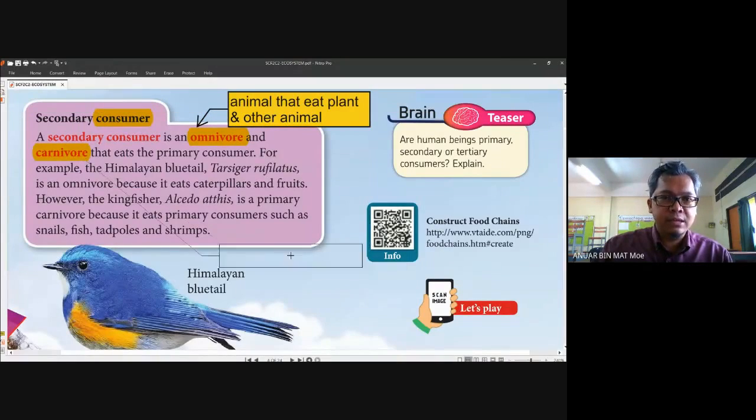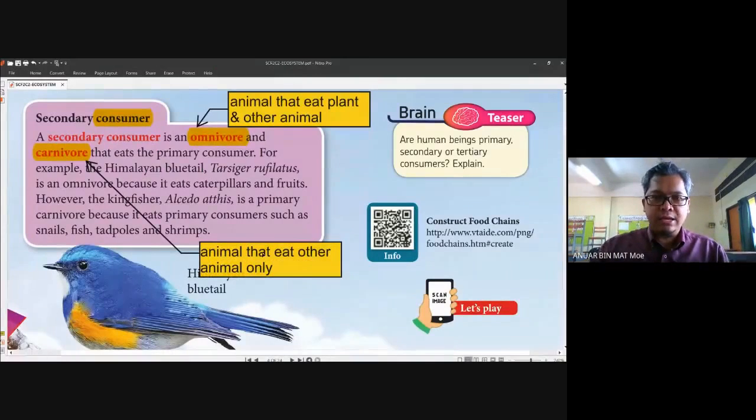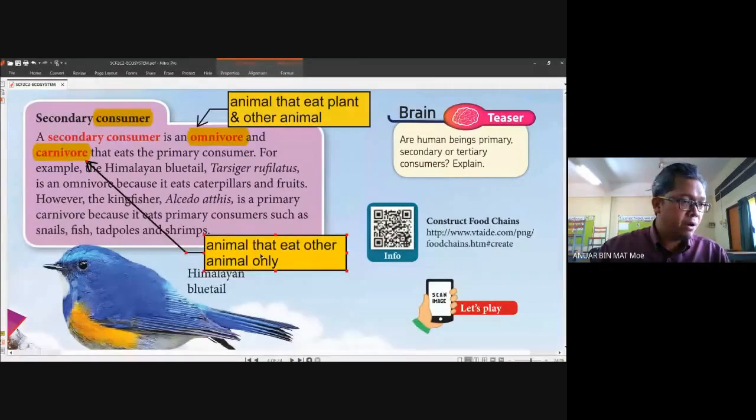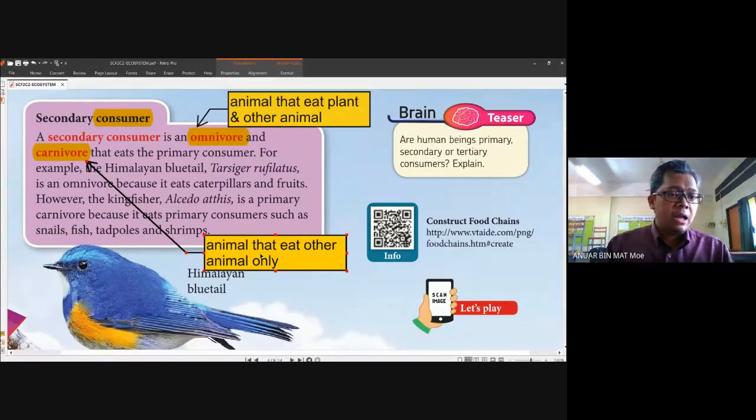Carnivore is what we call an animal that eats other animals only. Example of carnivore is lion, tiger, because they only eat other animals. The primary food for carnivore animals is mostly meat. Okay, so that is the carnivore.